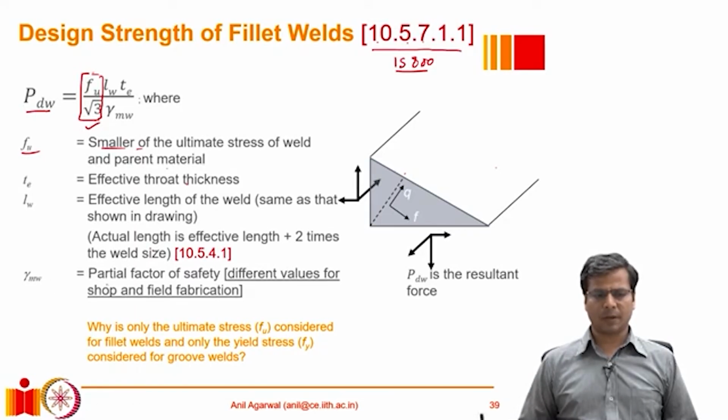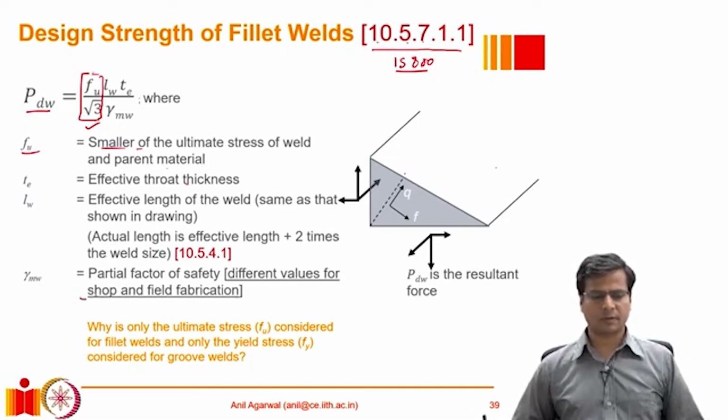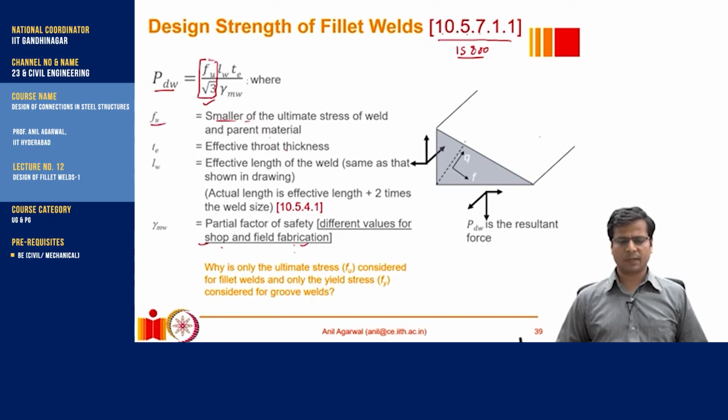Then there is a term gamma_mw. Gamma_mw is the partial safety factor, which is different, as we have seen for groove welds also. There are two different values: one for a shop welded fillet, and another for a field fabricated fillet. 1.25 is for the shop welded and 1.5 is for the field welded, as we have discussed before. So all the terms here make sense.